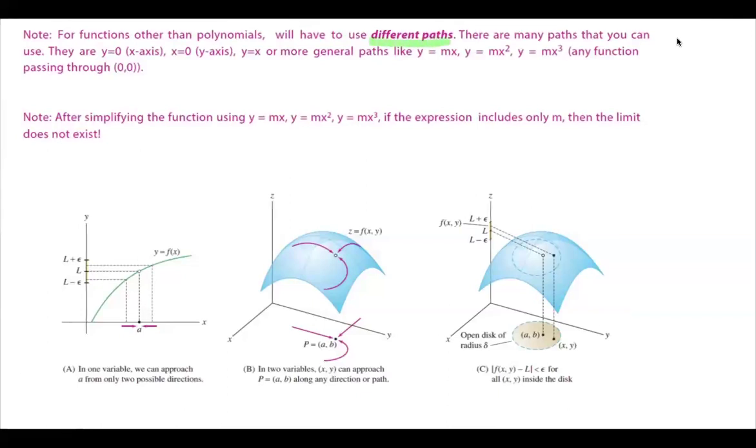Based on the function itself, you can use y equals mx, y equals mx squared, y equals mx cubed, and so on, or square root of x, the third root of x, or in terms of y: square root of my, or x can be my to the fourth, or the third root of my, and so on.